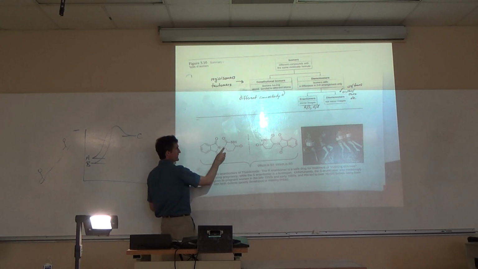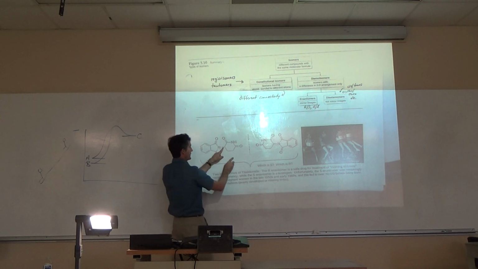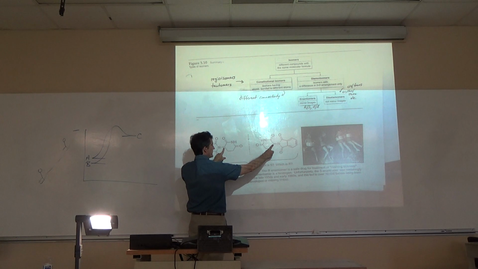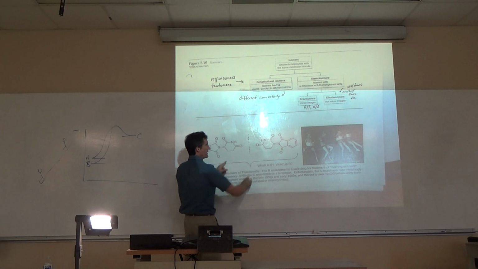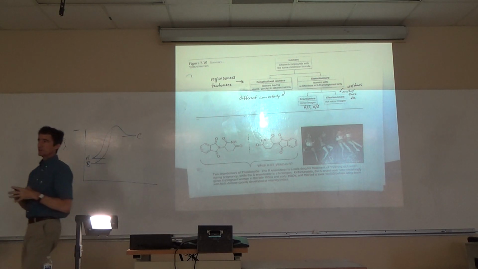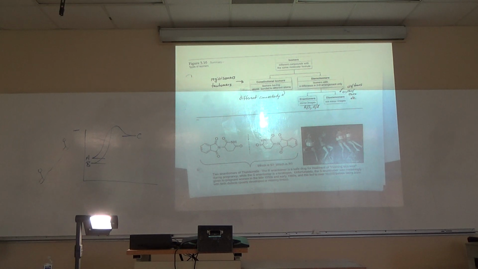The difference is right here. You can't really tell it, but these are stereoisomers. You'll be able to tell it once we talk about chirality. One stereoisomer was a good drug, the other one led to toxicity.